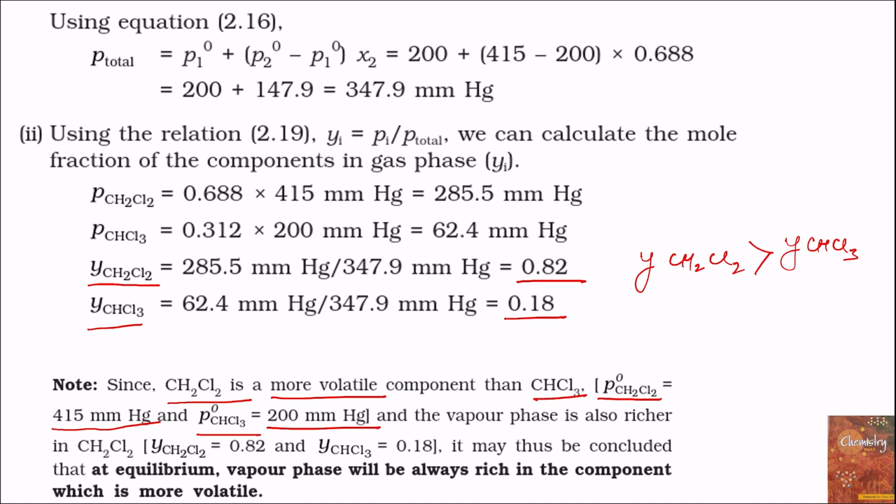So the vapor pressure of pure dichloromethane is greater than the vapor pressure of pure chloroform. Dichloromethane is the more volatile component in comparison to chloroform, because of which the mole fraction of the more volatile component in the vapor phase is greater than the mole fraction of the less volatile component. So at equilibrium, the vapor phase will always be rich in the component which is more volatile.